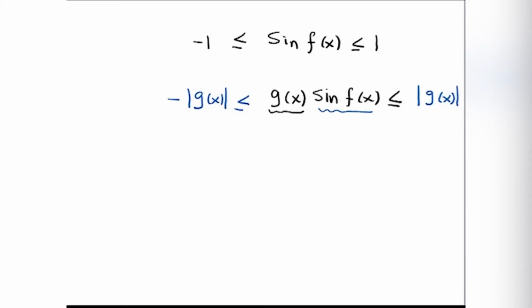Now, this remark is very useful. For example, if you had h of x times cosine k of x, what is the maximum value this quantity can take? The maximum value is the absolute value of the coefficient of the cosine, so it is the absolute value of h of x.